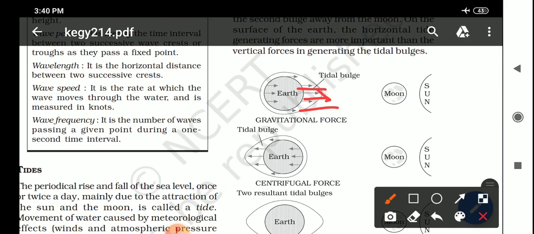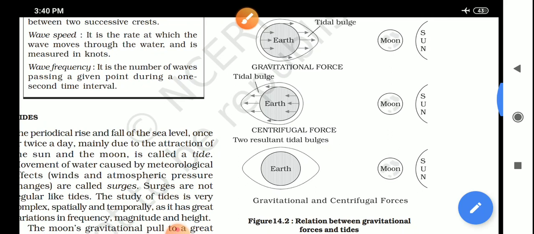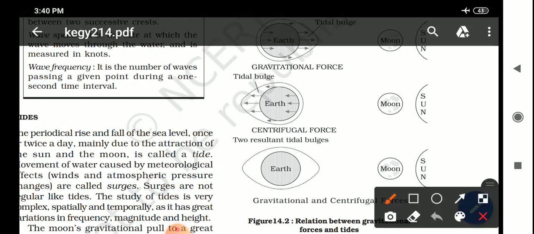In contrast, you have the other bulges, and on the other side you would have the low tides.